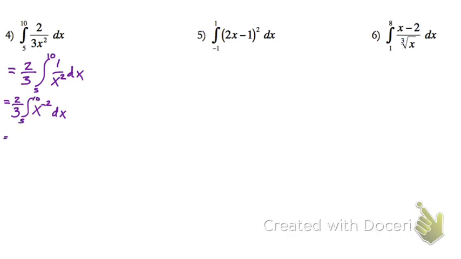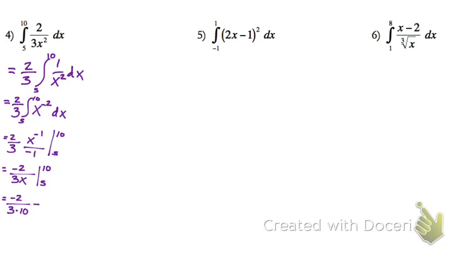If I actually evaluate the integral now, I get 2/3 times x to the negative 1 over negative 1, evaluated from 5 to 10. If I simplify that a little bit before I evaluate, it's a negative 2, and then that x goes to the bottom, so that's 3x on the bottom, evaluated from 5 to 10. And now if I do the fundamental theorem of calculus, I plug in 10 first, that's negative 2 over 3 times 10.